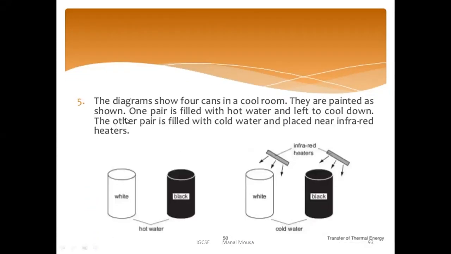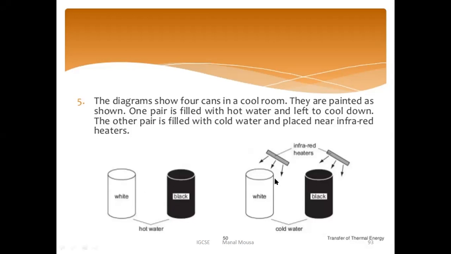Second question. The diagrams show 4 cans in a cool room. They are painted as shown here in the figure. One pair is filled with hot water and left to cool down. The other pair is filled with cold water and placed near infrared radiation heaters. This is the figure.